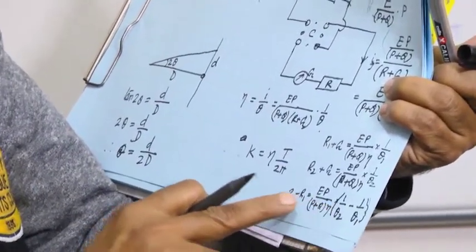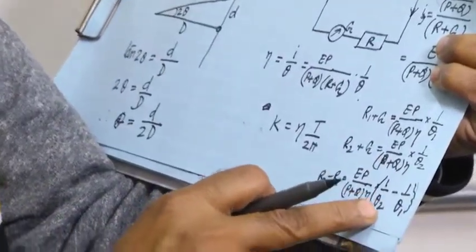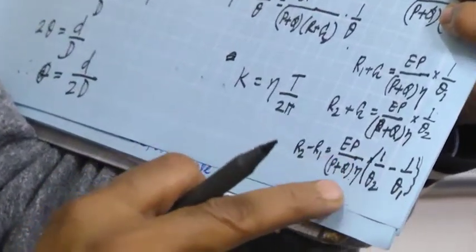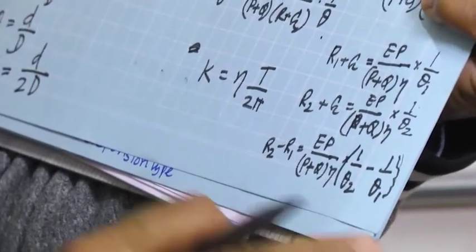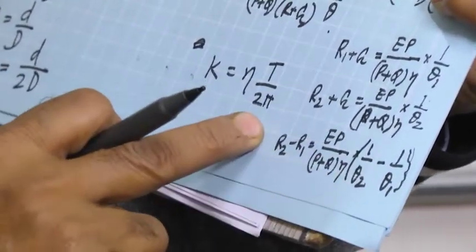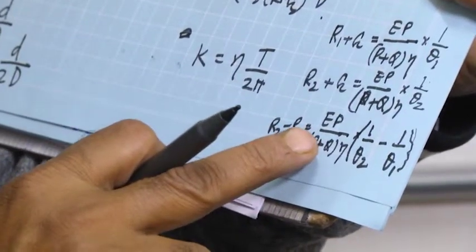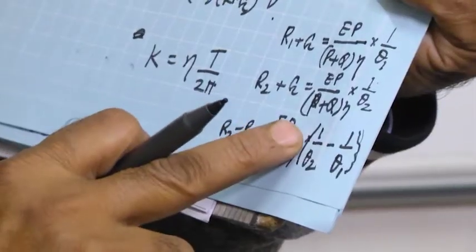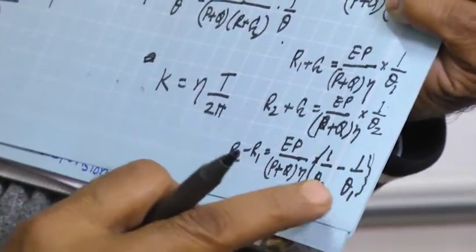So this you can write as 1 by theta 1 minus 1 by theta 2 divided by R2 minus R1, and then eta I will take this side. So eta will be equal to EP by P plus Q into 1 by theta 1 minus 1 by theta 2 divided by R2 minus R1.